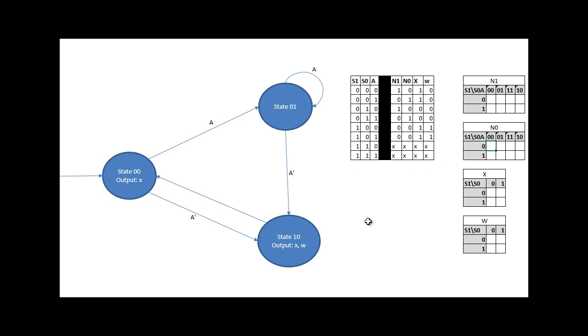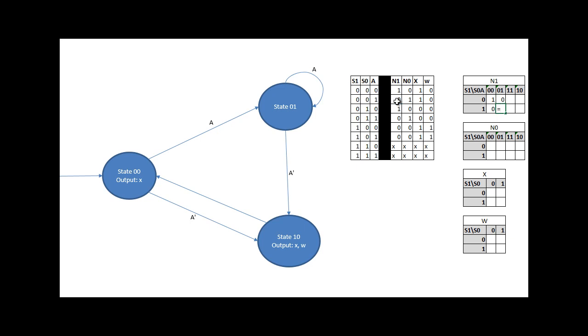Now in order to reduce the logic, we have to use a K-map for N1, N0, X, and W. The way we do that is to say that if you're at state 0,0 and not A is asserted, what's going to happen to N1? N1 is going to be this guy here. If you're at state 1,0 and 0 is asserted, N1 is this guy here. If you're at state 0,0 and 1 is asserted, then N1 is this guy.